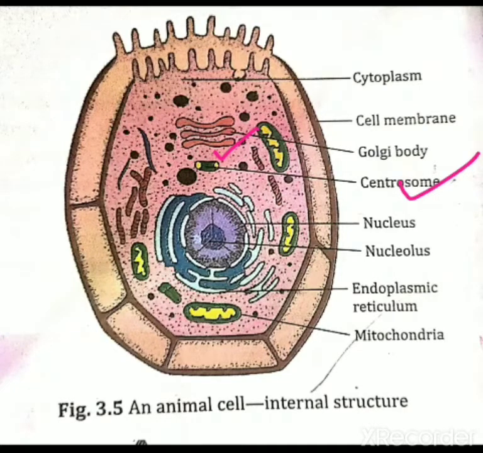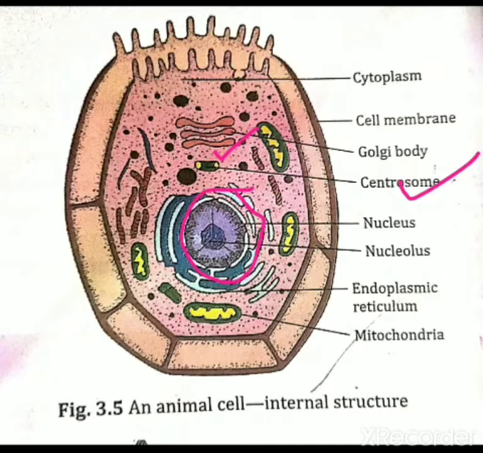Then your nucleus is there. You can see the nucleus structure. The nucleus is the most important structure found in the plant cell as well as in the animal cell.